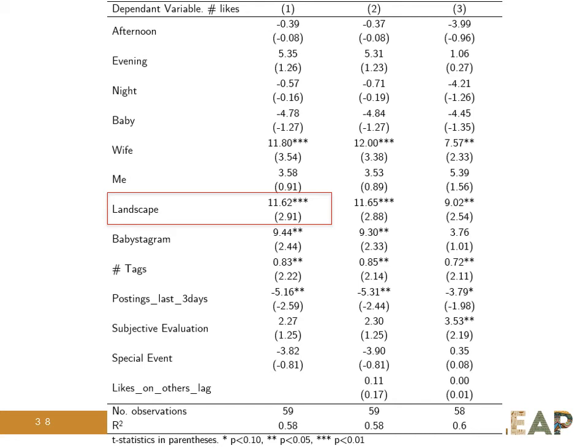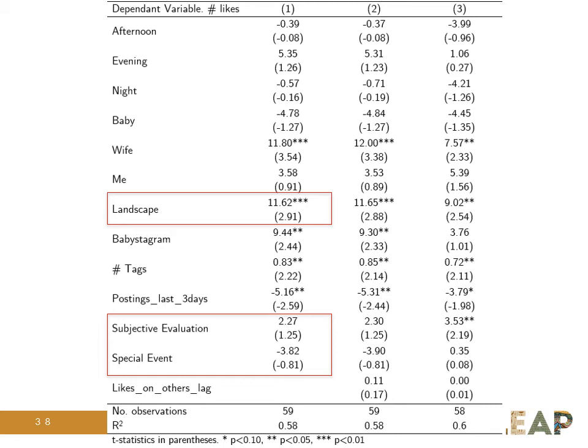And the next thing that is noticeable is this. The subjective evaluation of postings by myself and whether I have a special event or not was actually not important, not significant. It doesn't have stars. That means that no matter what I think about the postings, it doesn't matter.